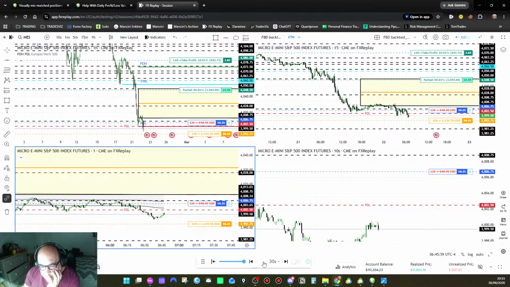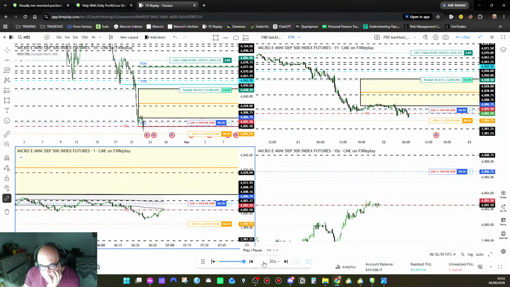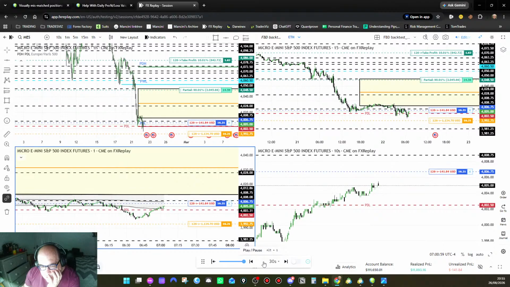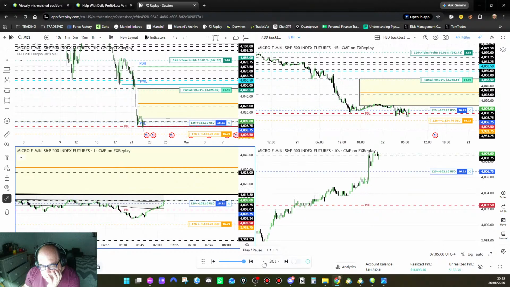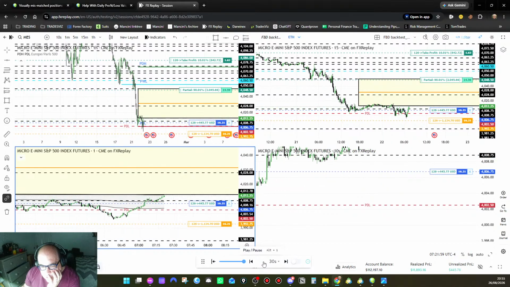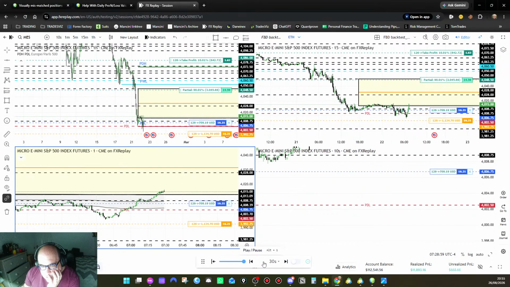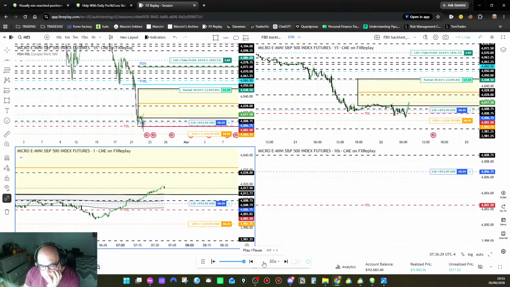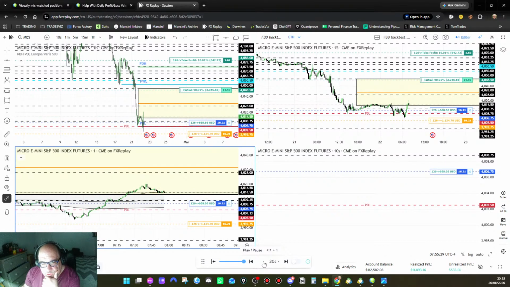So first trade got taken out. Second trade looks promising.